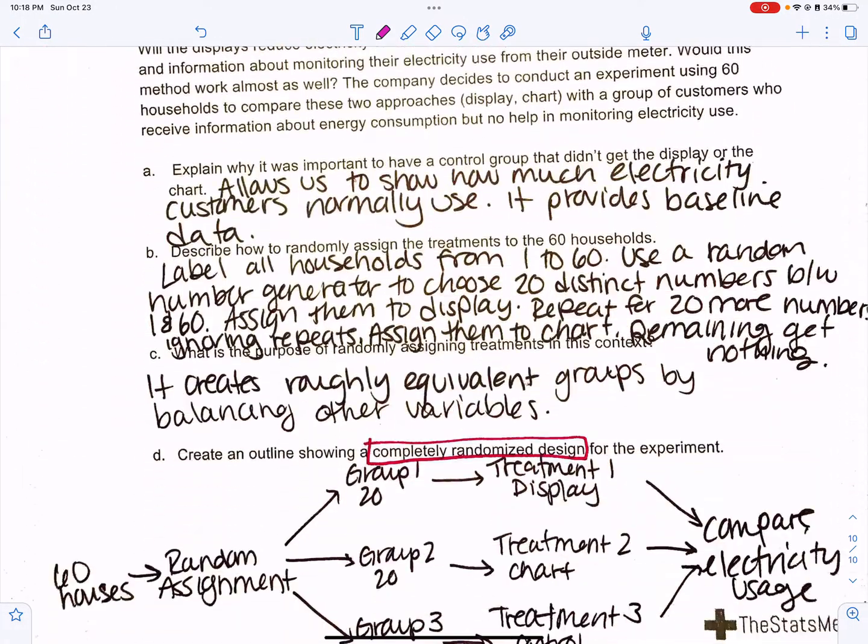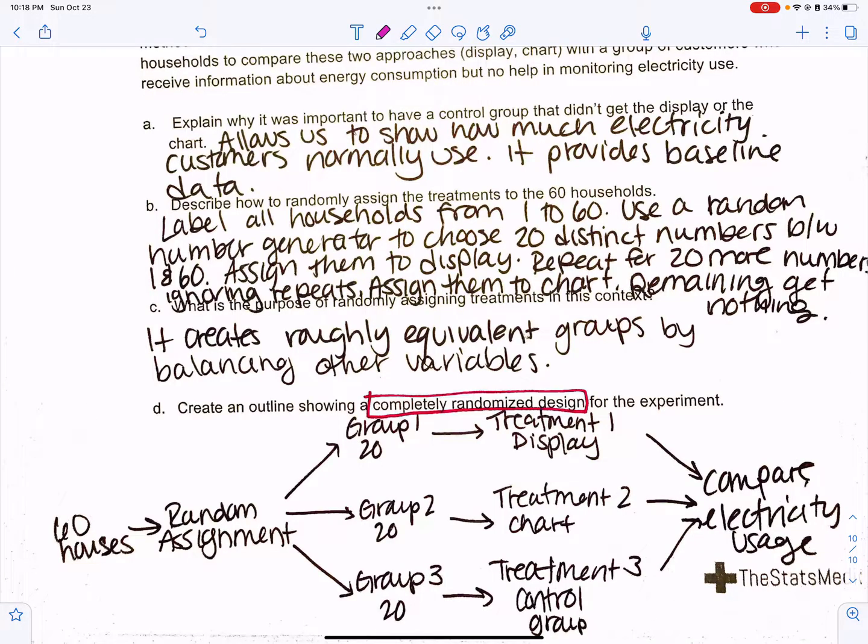All right, if you're finished, to explain why it's important to have a control group, it's because it allows us to show how much electricity customers normally use. It provides the baseline of data, so you have something to compare to. Describe how to randomly assign treatments to 60 households. This is one way, and you're going to actually talk about how you're going to randomize. So you're going to label all households from 1 to 60.